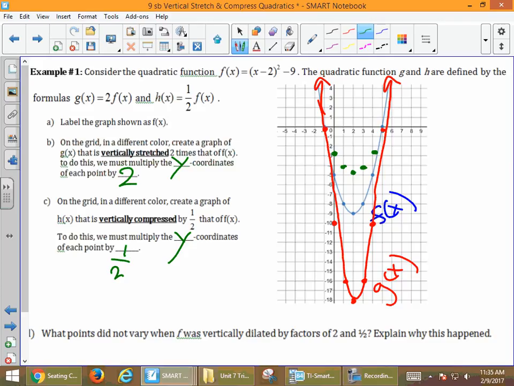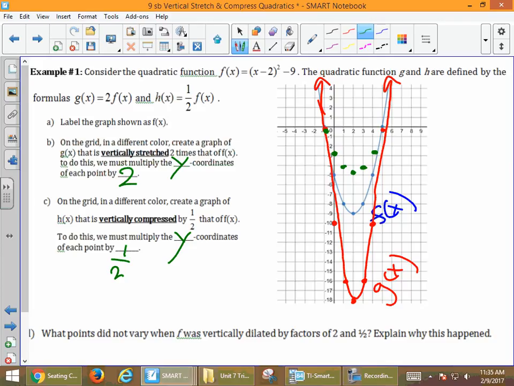And then we have our last two points. -1, 0. So 0 is our y, and we always multiply the y coordinate by our factor, which is 1/2. So what's 0 times 1/2? 0. So this point is once again going to stay the same. And then what is 5, 0? What's the point that corresponds with 5, 0?